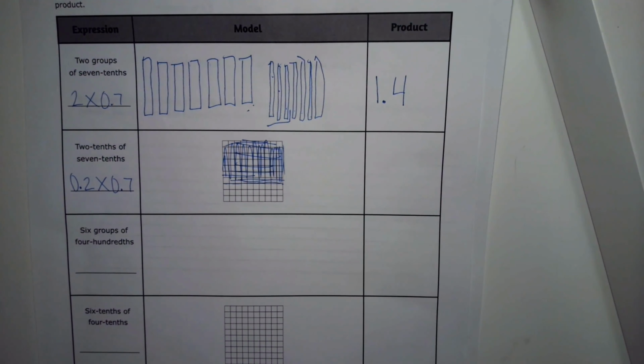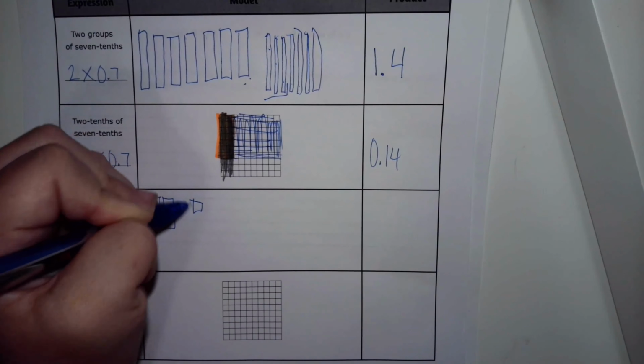Here's my 6 groups, and this time I have 6 groups of 4 hundredths. I could easily just create 6 groups of 4 hundredths.